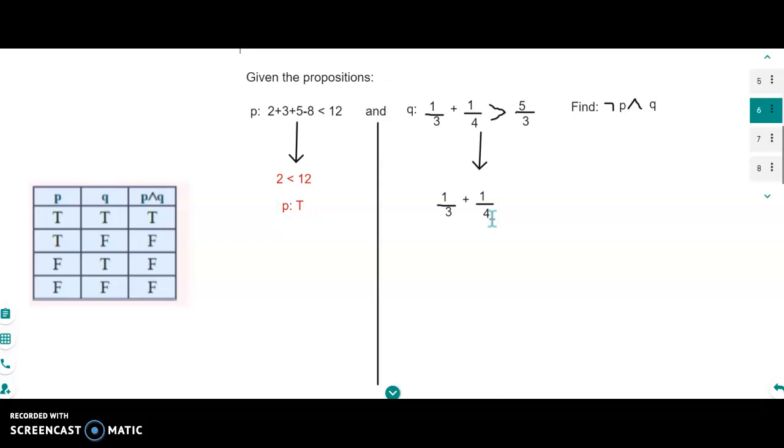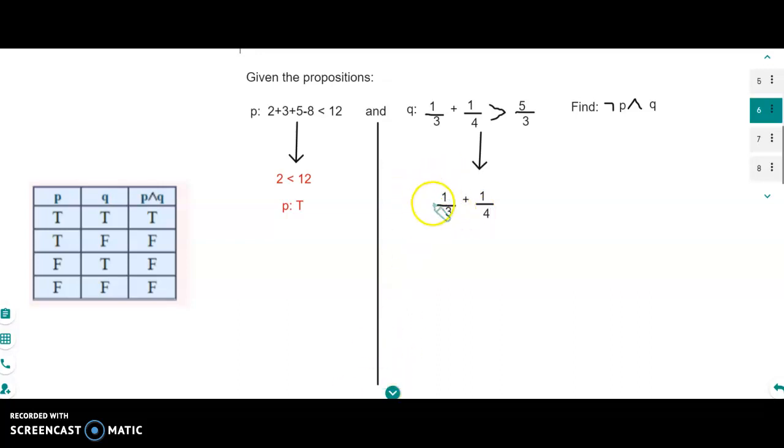Now, in the second one, here we have two fractions. We have to add them. Once again, remember how we add unlike fractions, because we have different denominators. We have to find out if this addition is greater than 5 over 3. So let's find out. When we have unlike fractions, we have to get the same denominator. So how can we get it? We have to multiply by a number to get the least common denominator, which is 12, okay?